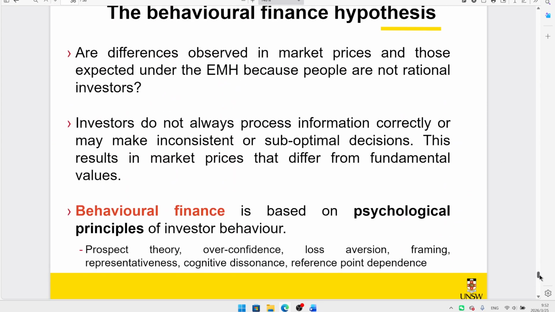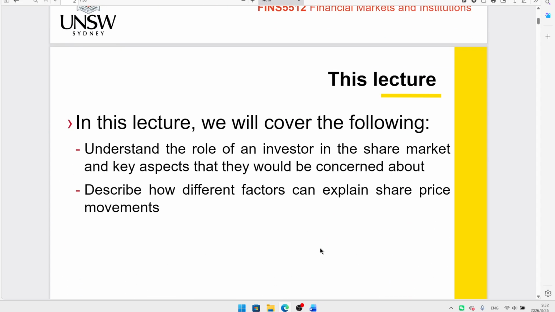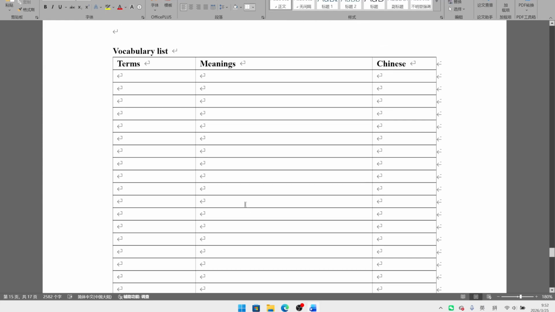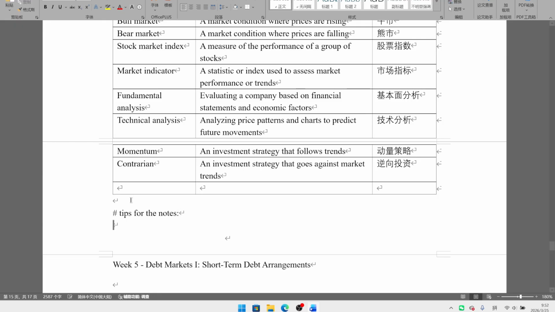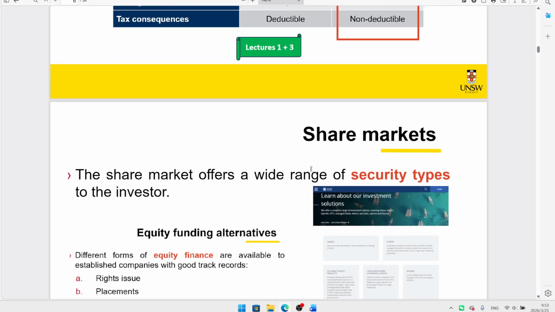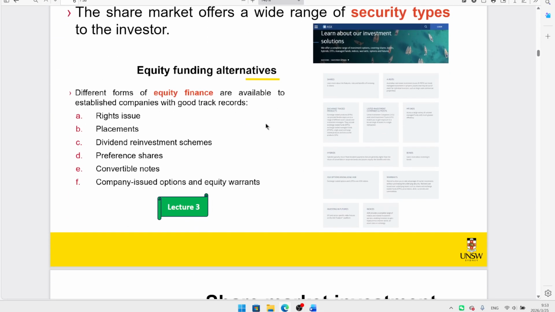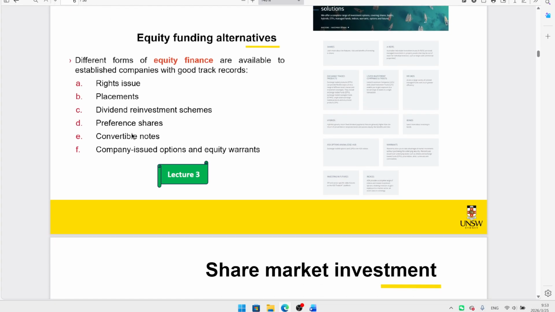So let's go. Chapter 4. You can mark it to lecture notes. Yes, there are lots of calculations here, so I need to make some tips for the notes. In the equity part: equity fund alternatives, rights issue, replacement, dividend reinvestment schedule, preference shares, convertible notes, options issue, and equity warrants.